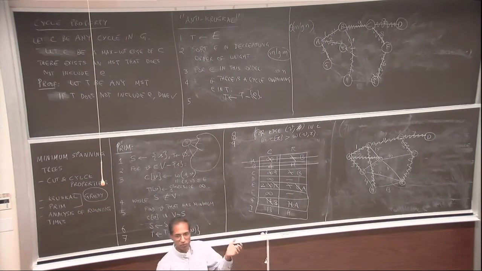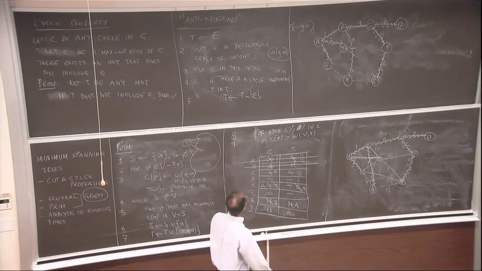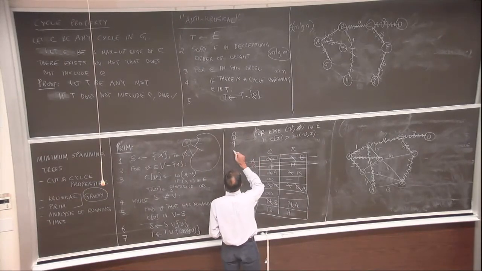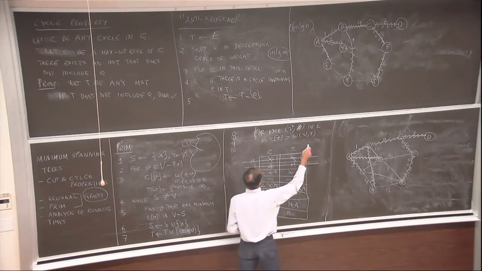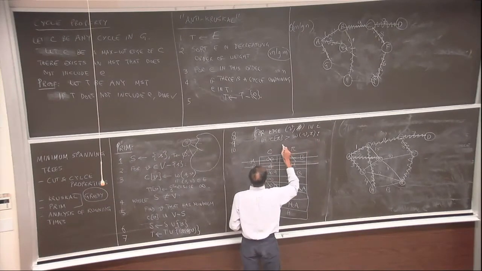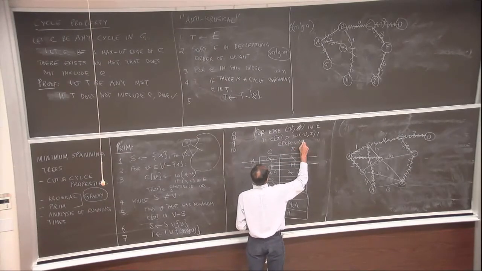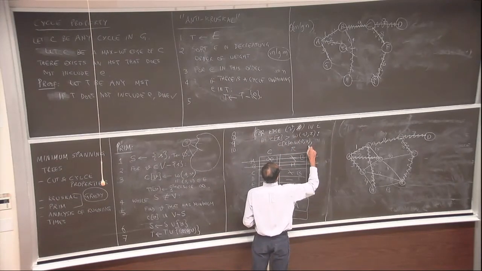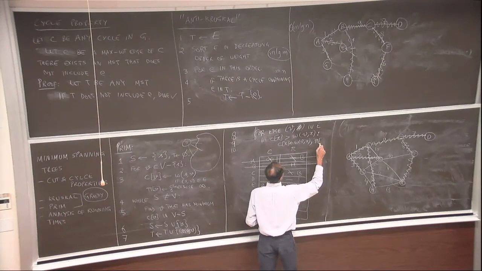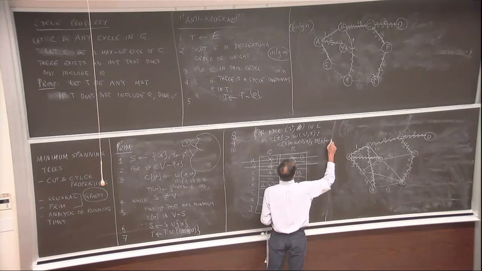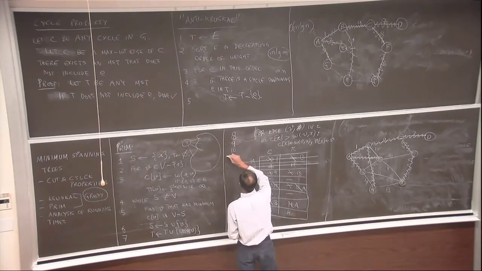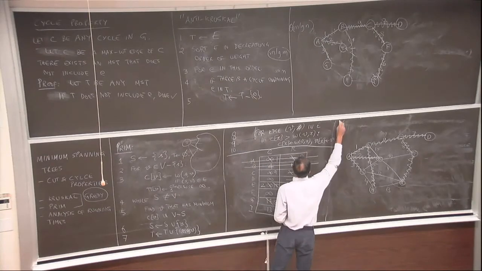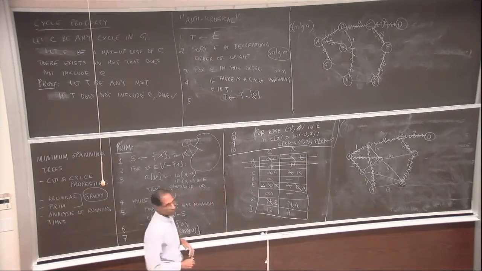We replace the cost of X with the weight of the edge Vx, and we update the pi to V. Then cost of X becomes the weight of Vx, and pi of X becomes V. So that's the output.